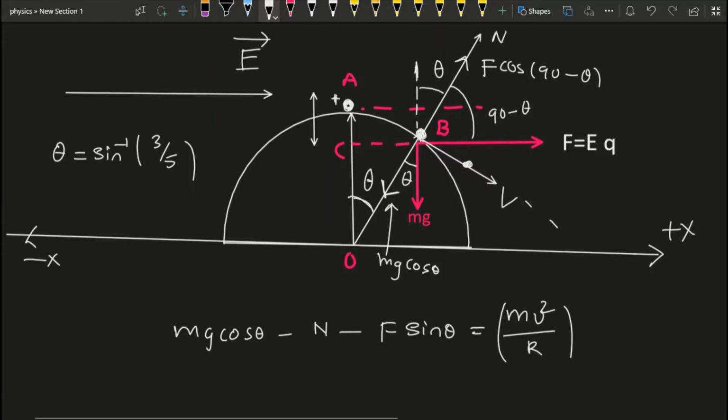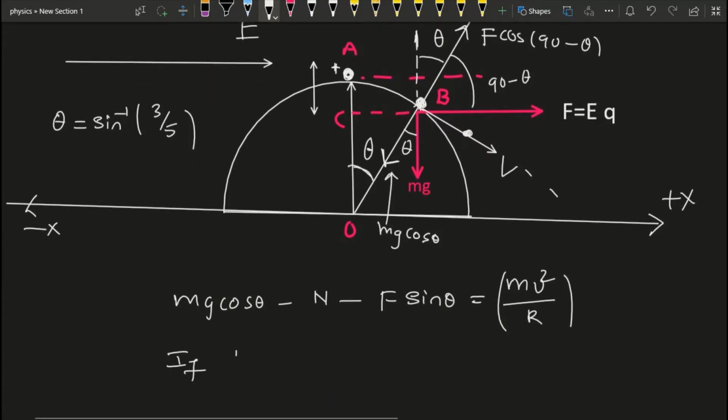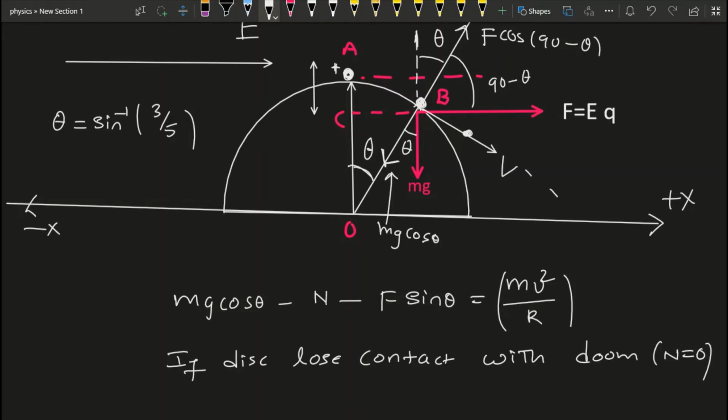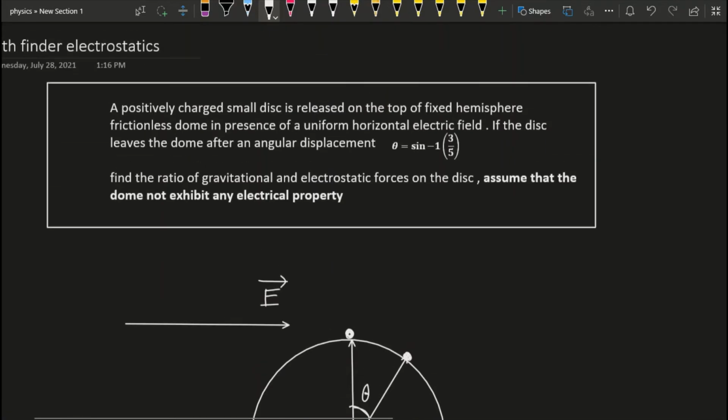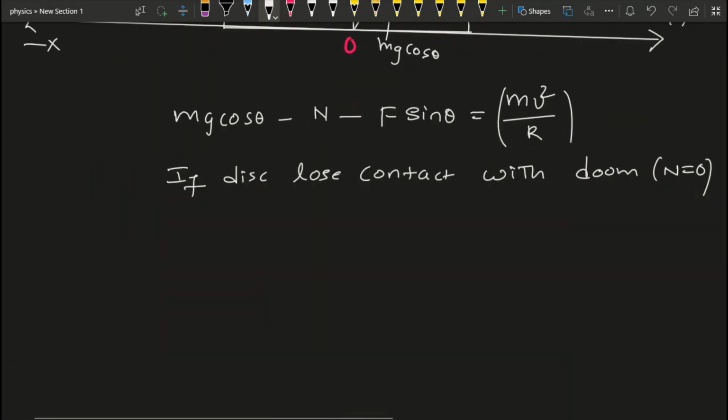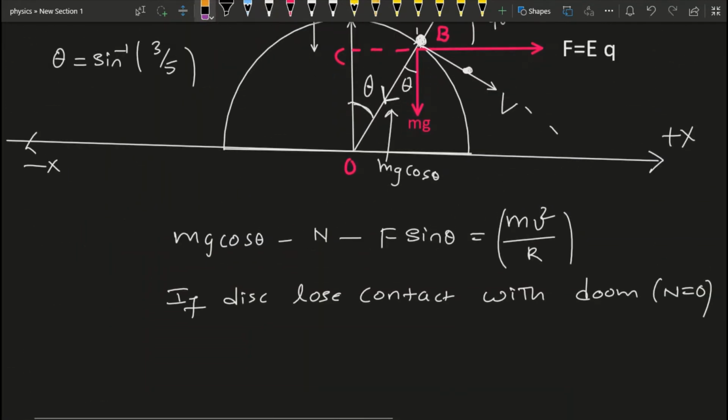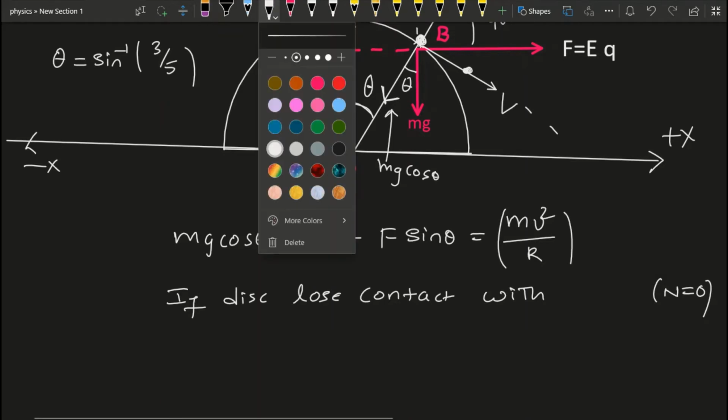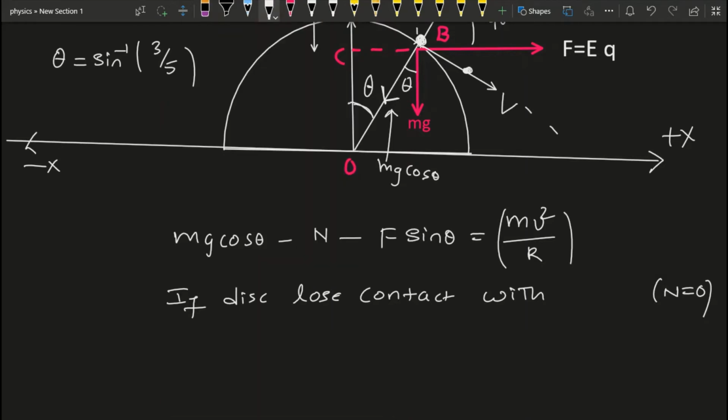If the disk loses contact with the dome, then the normal reaction must be 0. The normal reaction must be 0. That is very important. So whenever it loses contact with the dome, the normal reaction at this point B is 0.